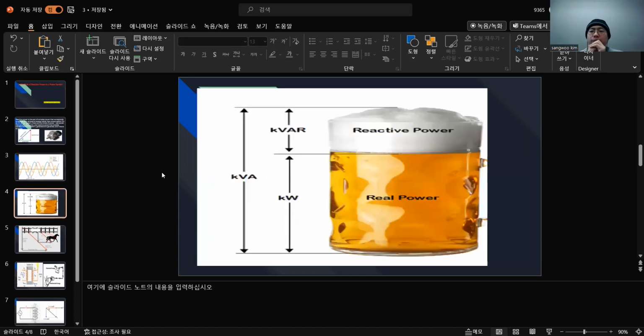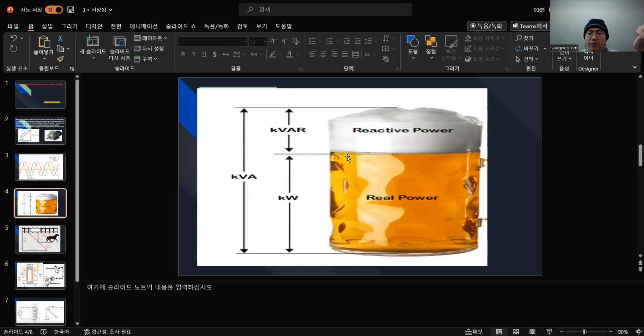To understand reactive power, you should try searching on a website or in a book, and you may see many pictures about beer. Generally they use this picture because we cannot understand reactive power and active power directly.